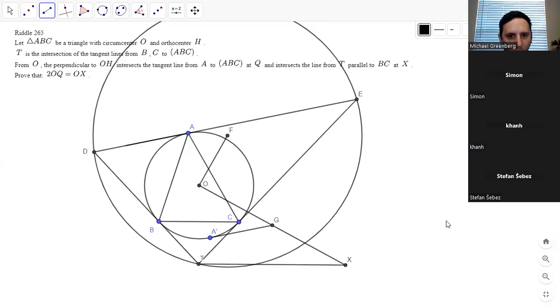Oh yeah. So you take OI, you see where it hits the side, but in the video I had, you see where it intersects the external bisector. So this is the external bisector? Yeah. So it reduces to problem 39 on my channel. And basically, I solved that using the butterfly theorem.